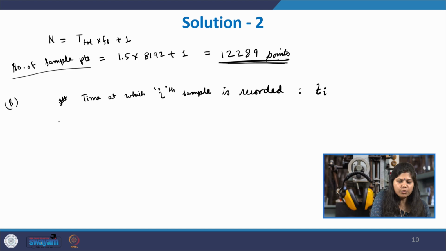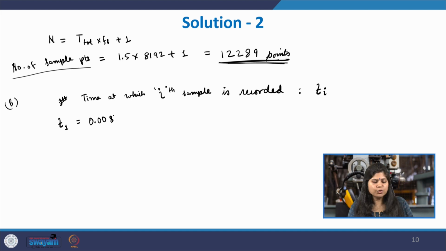We know that the very first sample is recorded the moment we begin the recording and acquire our first data, that is taken as t equals 0. It is the instance of the beginning of recording. So, the first recording happens at 0.00 seconds of the recording duration.